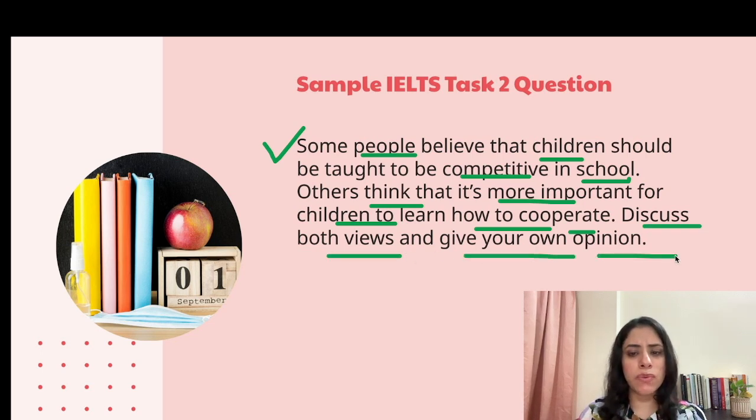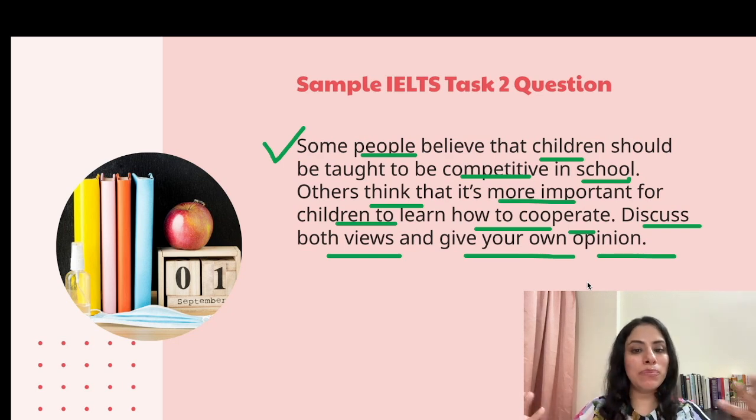So first of all, this one is a discussion question, but discussion questions can be of 2 types, right? One can be with opinion, another one will be without opinion. This one is a discussion essay with your opinion. I know I'm deviating a little bit, but I'll tell you a really good point. Some students confuse the discussion essay with opinion for an opinion essay.